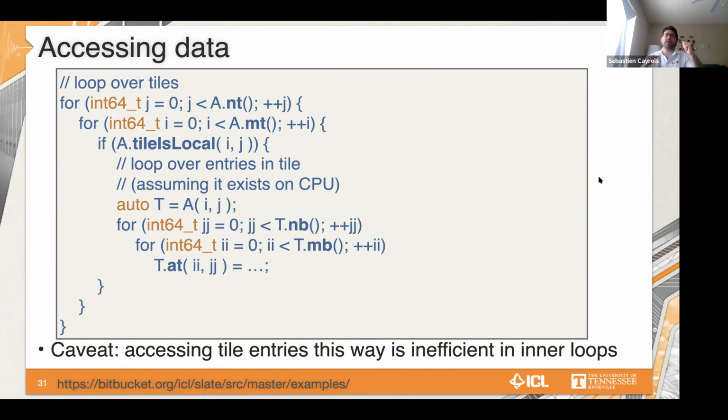Keep in mind that it's not very efficient to call t.at in the innermost loop. Again, it's a toy example just to show you how you can play with those functions and quantities, how it works.